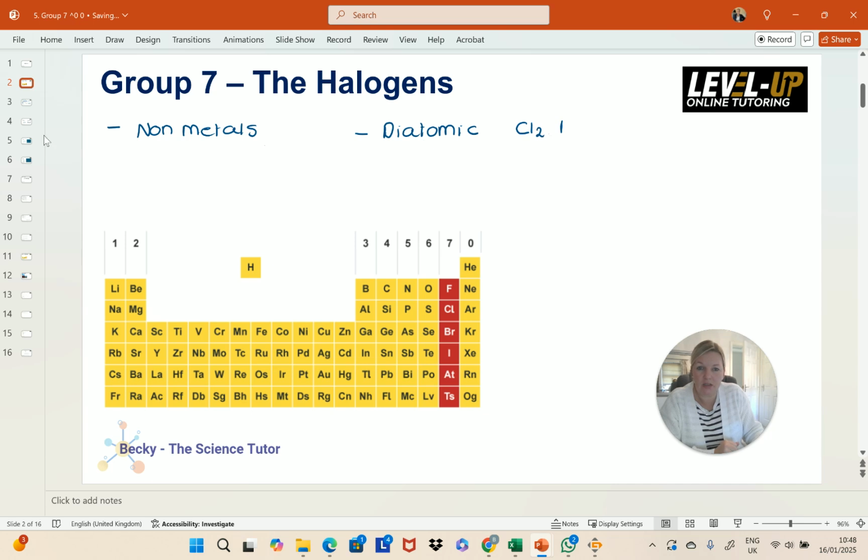So Cl2, Br2, I2, whatever it is, because they always go around in pairs, because what they do is they share electrons with each other so that they fill their outer shell. So because they're in group 7, we know that they have 7 electrons in their outer shell.